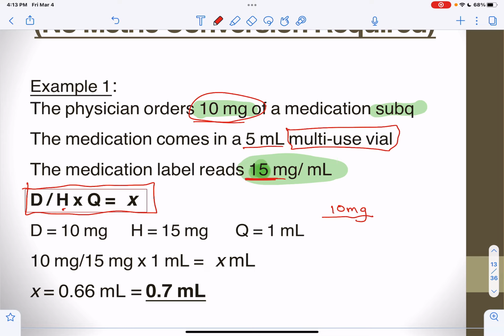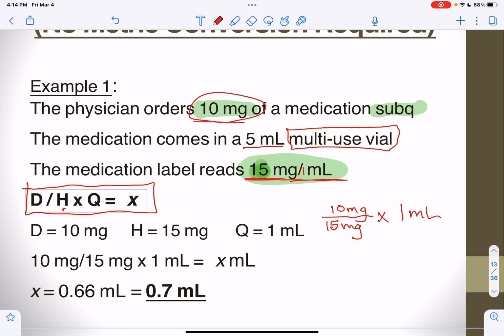That's what we actually have in our hand. Okay. Now we're going to multiply that by the quantity that we have. So for each 15 milligrams, it's 1 milliliter. All right, so we're going to multiply that times 1 milliliter to get our amount.